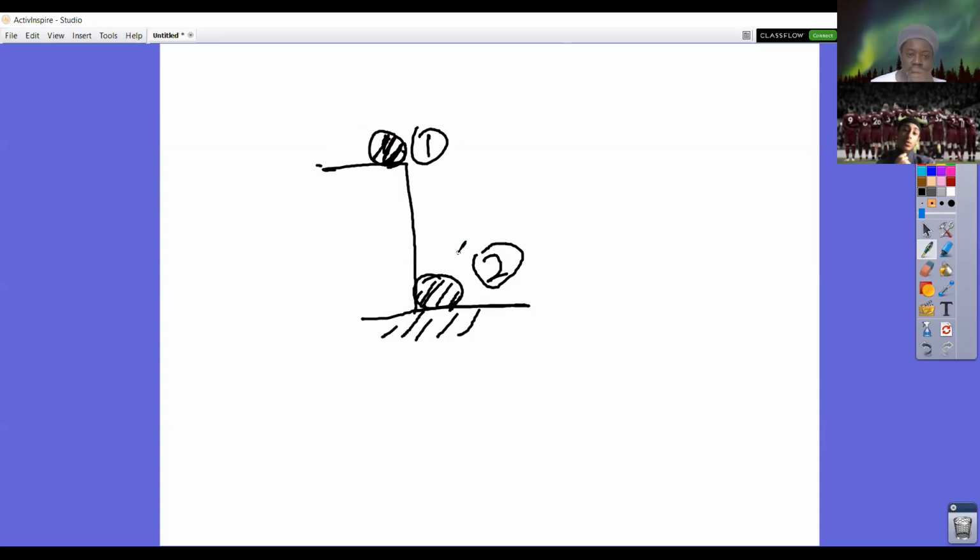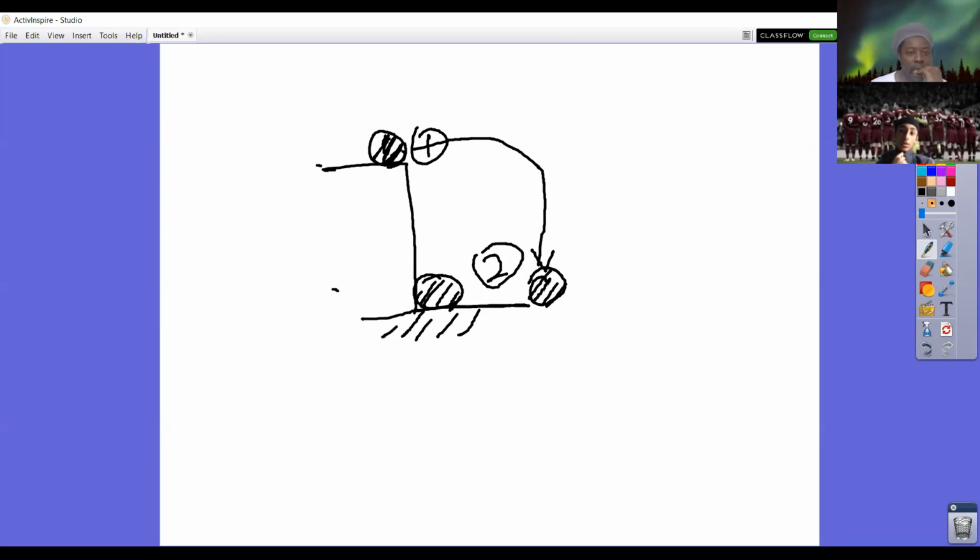Ball 2. Correct. What would ball 1 need to do so that it can be as stable as ball 2? Fall down, maybe? Absolutely, you're right. It needs to fall down. When it falls down, has it lost or transferred a certain store of energy?